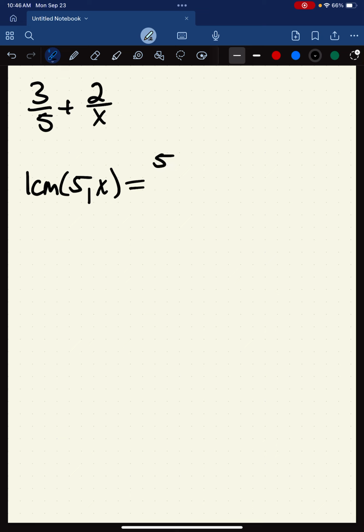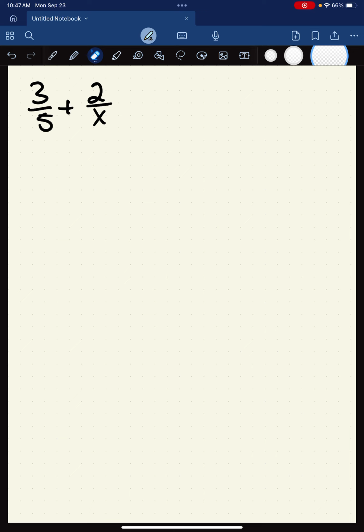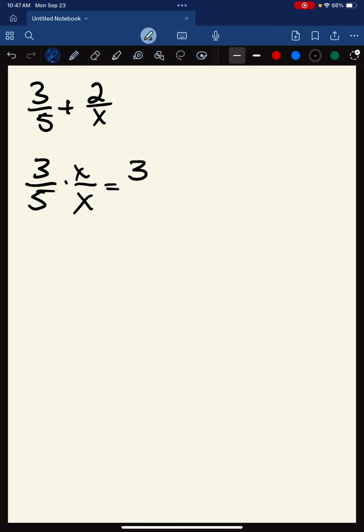We know it's going to be 5x over the greatest common divisor of 5 and x, but it's this piece that we don't know, and we're not going to be able to know with x. So instead, we're going to have to just use the denominator 5 times x. Let me show you: if we multiply 3/5 by x over x, then the top becomes 3x, and the denominator becomes 5x.